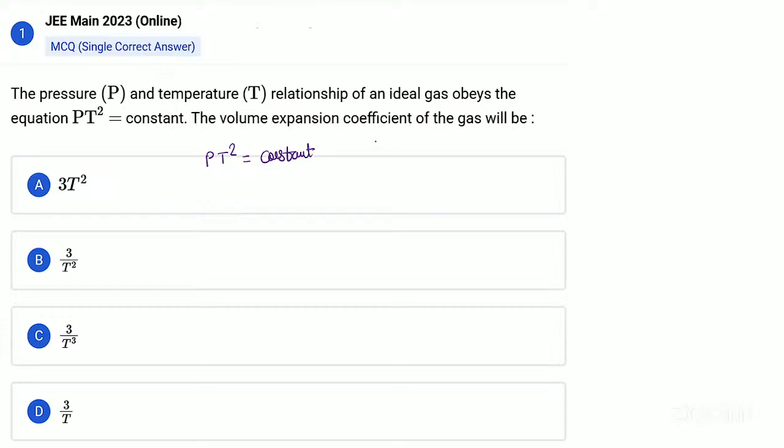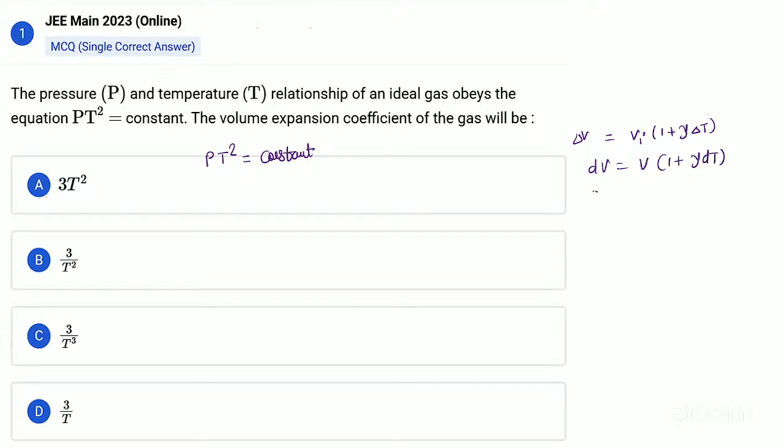Now, volume expansion coefficient is nothing but gamma, and we know the relationship that V final is equal to V initial into 1 plus gamma into delta T. This is delta V. So delta V we can write as dV equals V into 1 plus gamma dT.